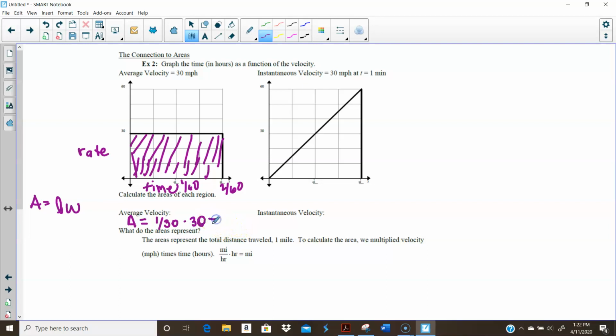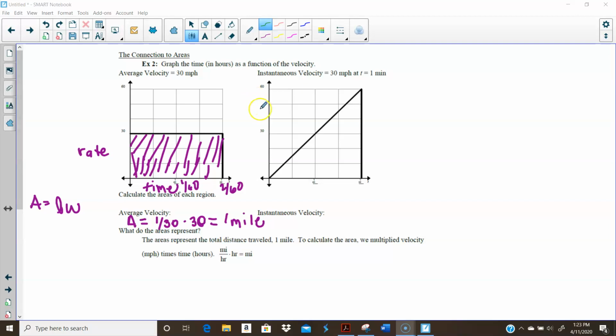And so this equals how far she traveled, which was 1 mile. So when we look at this, the area represents the total distance traveled, 1 mile.